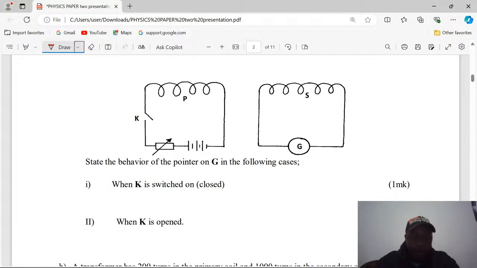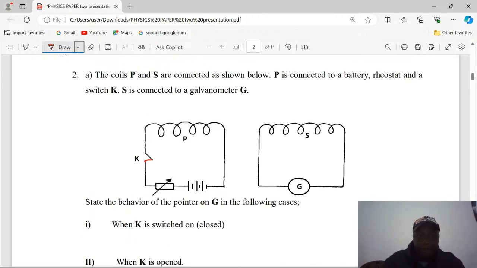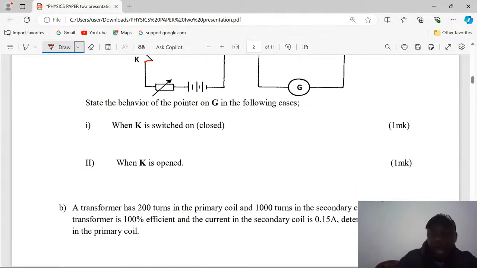One, when K is switched on, that is when the switch is closed. So when you close the switch, we are going to see a deflection in one direction, then back to zero.